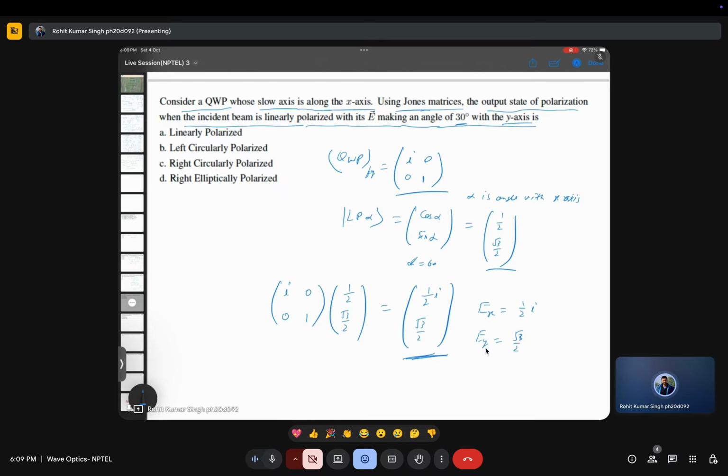So first of all, you see the amplitude is different, right? So it cannot be circularly polarized. It should be elliptically polarized, because A is not equal to B, if you remember the last lecture that we discussed. And this i means that the phase is shifted by e to the power i pi by 2. So there is a pi by 2 shift in the y component. So it is right elliptically polarized.